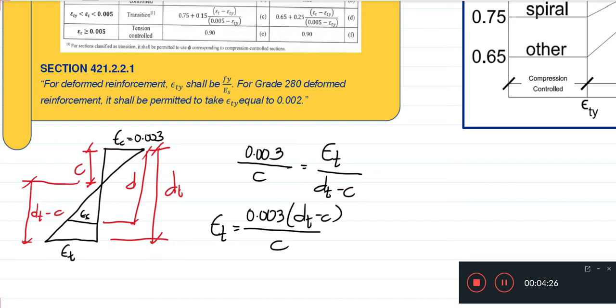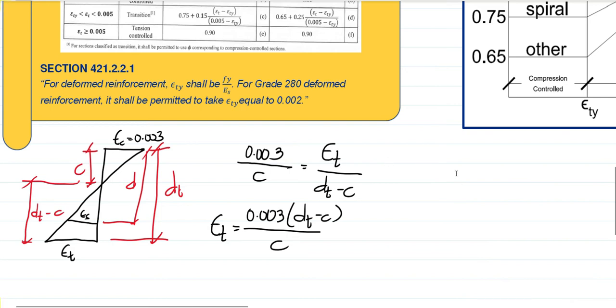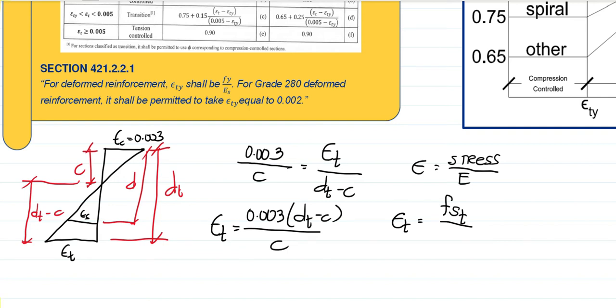Pwede rin, nakukuha natin siya from the principle ni strength of materials that epsilon is equal to the stress divided by our modulus of elasticity E. So, ibig sabihin, we can get epsilon sub t by getting the stress on the extreme tension reinforcement, or dun sa first layer ng tension reinforcement, and divided by Es, which is the 200,000 megapascal or the 200 gigapascal.